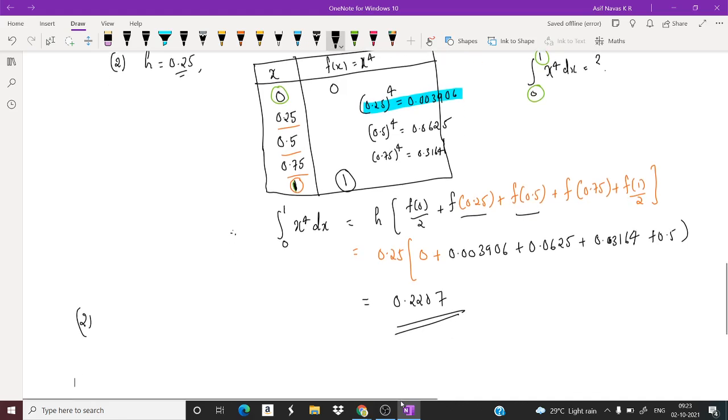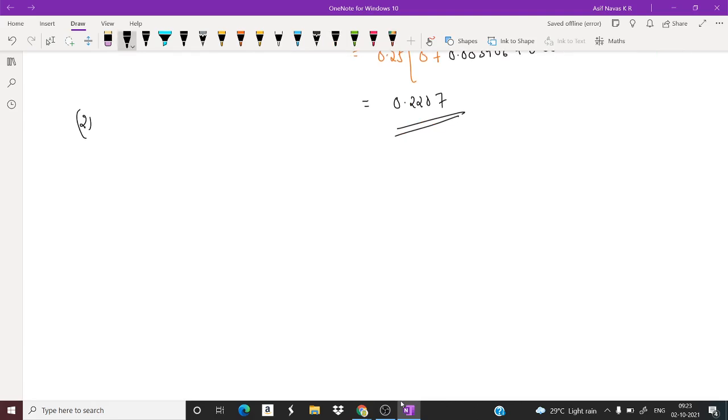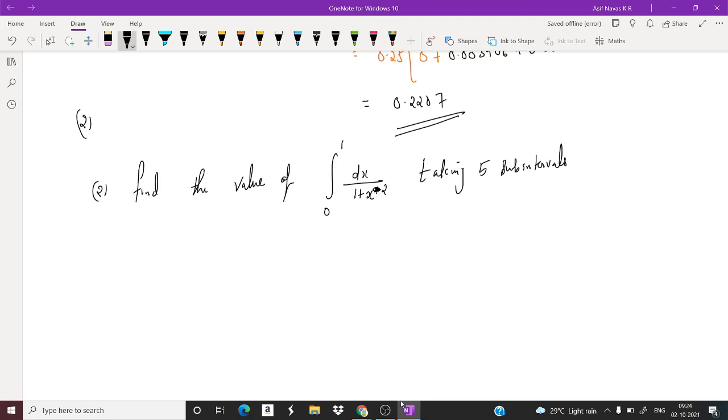Second problem. Find the value of the integral from 0 to 1 of dx divided by 1 plus x square, taking 5 subintervals, by the trapezoidal rule, correct to 5 decimal places, correct to 5 significant digits.